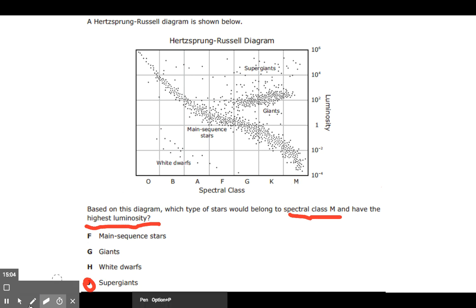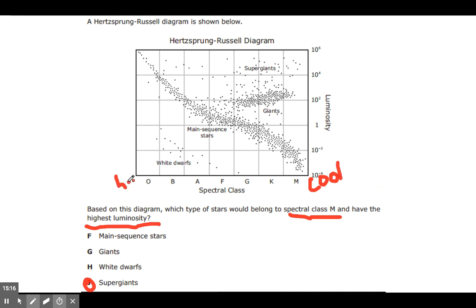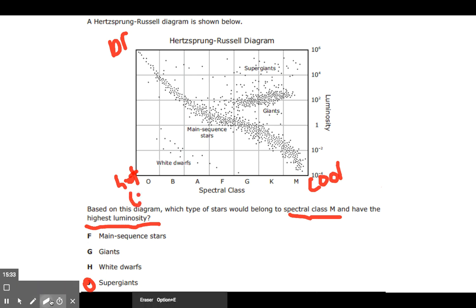So if you forgot about how to read it, I'm going to show you what some of you guys did on your quiz. On your quiz, you wrote cool on this side and you wrote hot over here. And then you wrote bright, I'll write BR for bright.